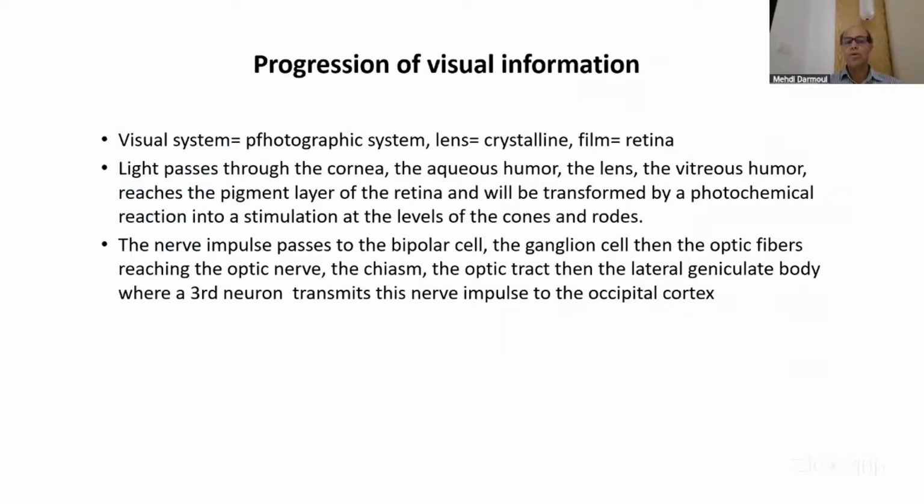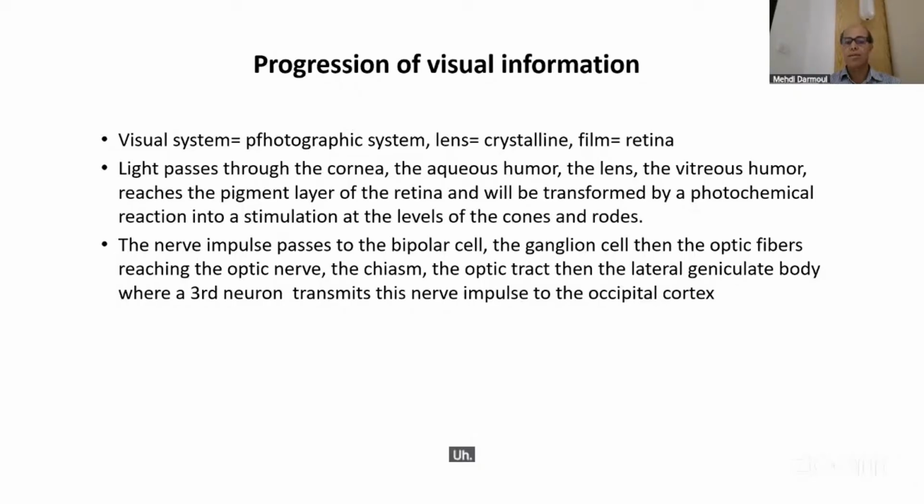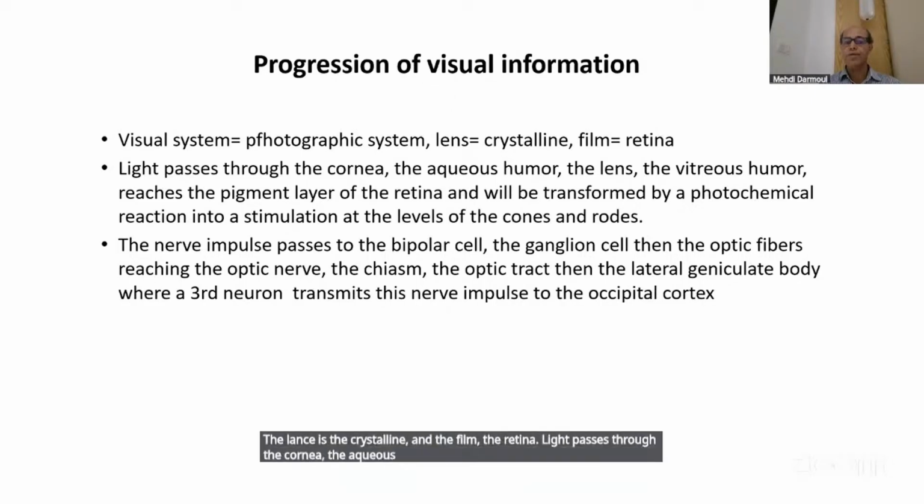How does the information progress through this pathway? The visual system is comparable to a photographic system. The lens is the crystalline and the film is the retina. Light passes through the cornea, the aqueous humor, the lens, the vitreous humor, and reaches the pigment layer of the retina, and will be transformed by photochemical reaction into stimulation at the level of the cones and rods.